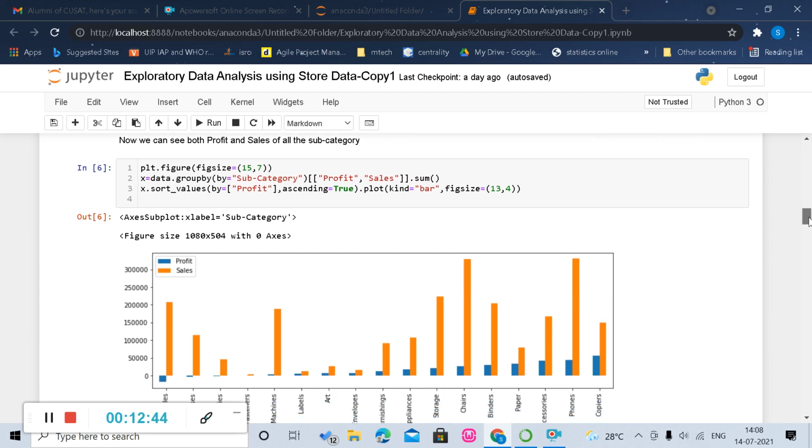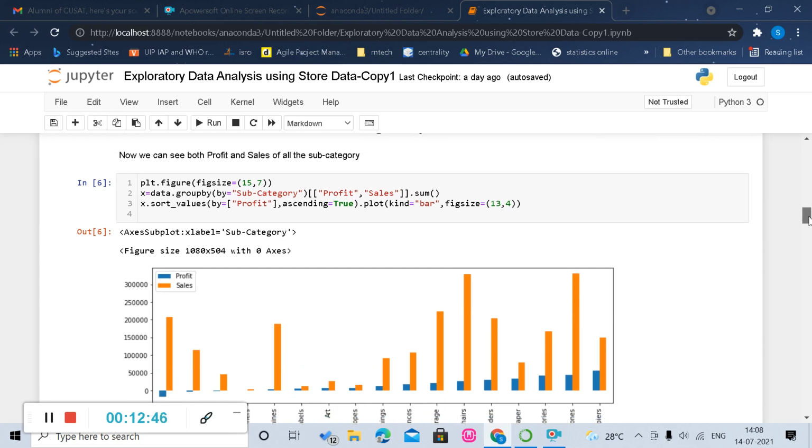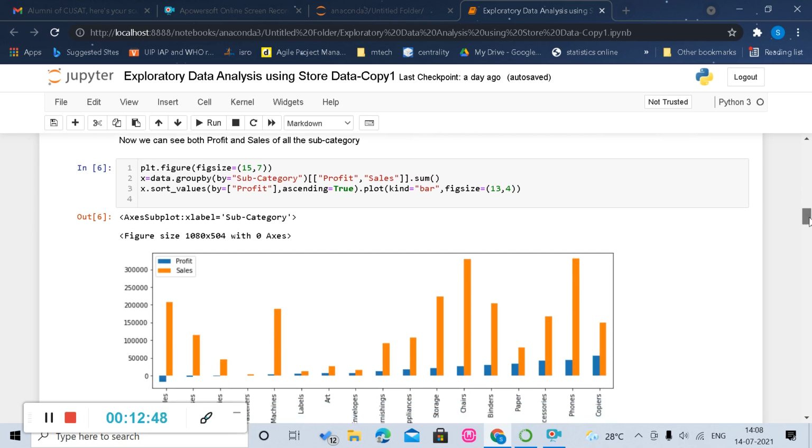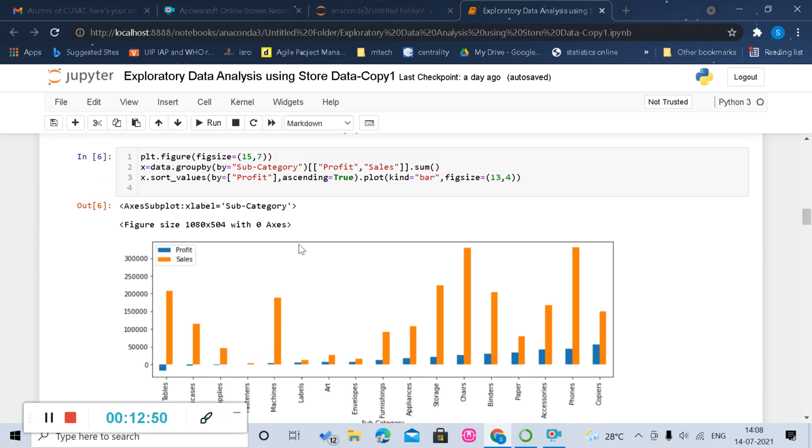Now we can see both profit and sales of all the subcategories. See, together I have displayed it over here. I've used the data.groupby function and displayed all. So you can see tables, bookcases, appliances, all the subcategories, and both profit and sales are displayed here.